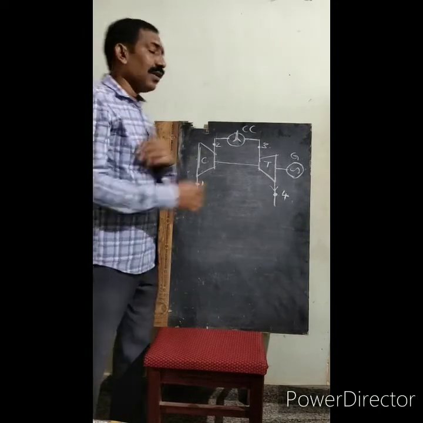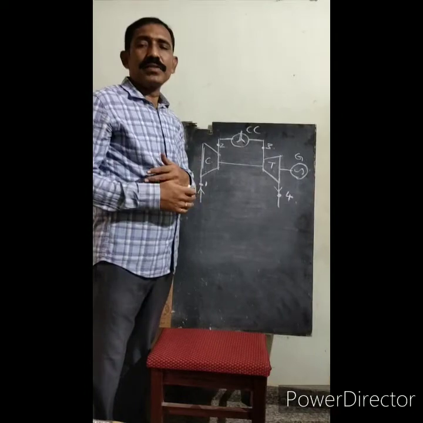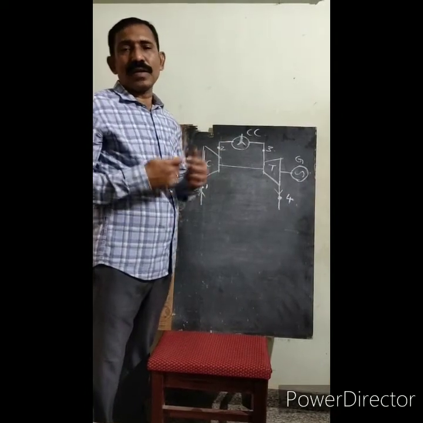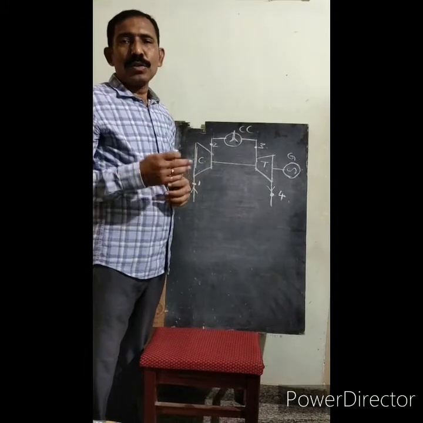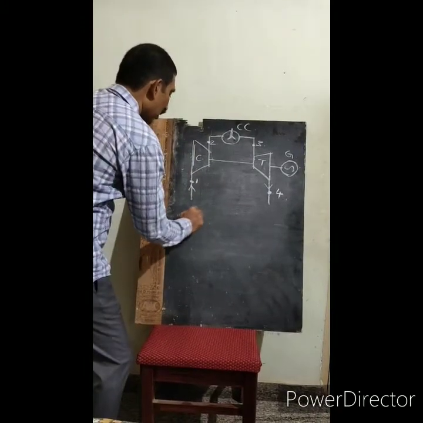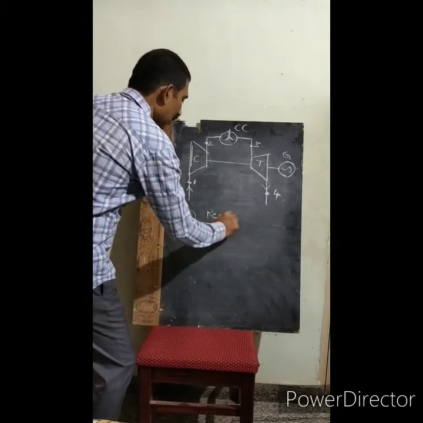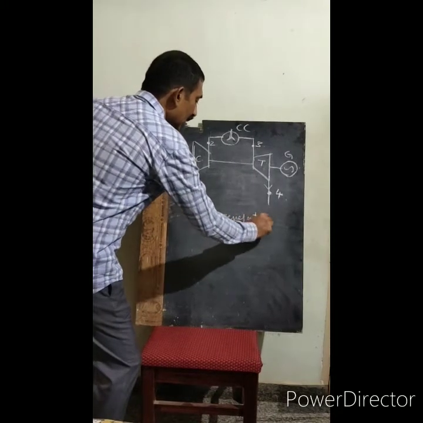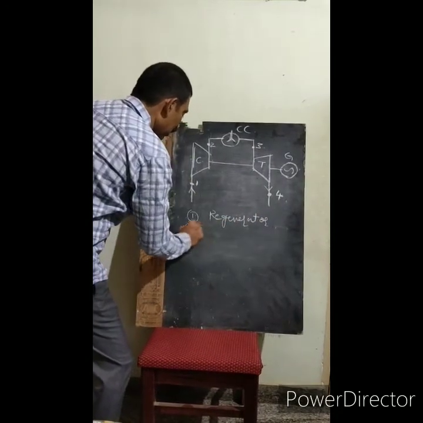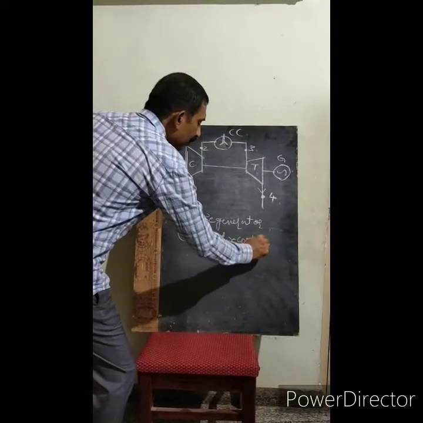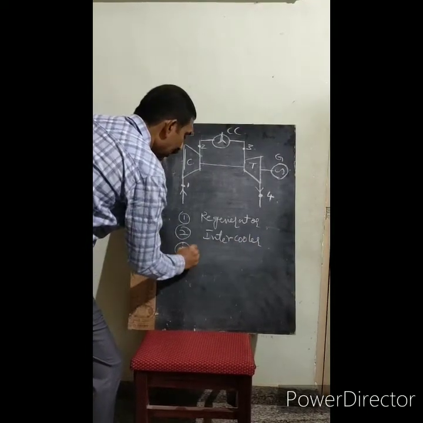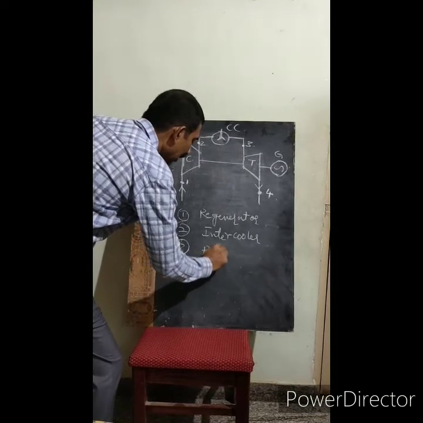So how can we improve the thermal efficiency of the simple Brayton cycle by incorporating some equipment? Those equipments are: number 1, regenerator; number 2, intercooler; number 3, reheater.